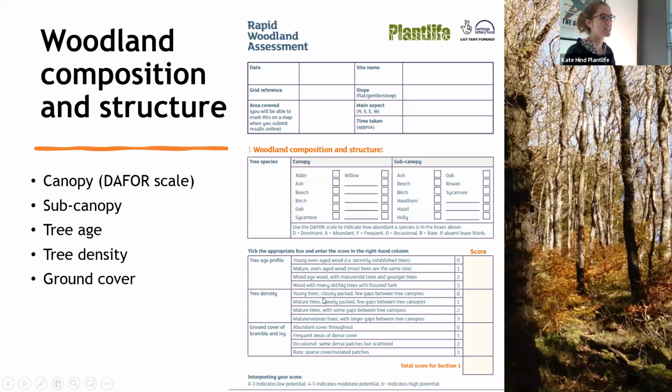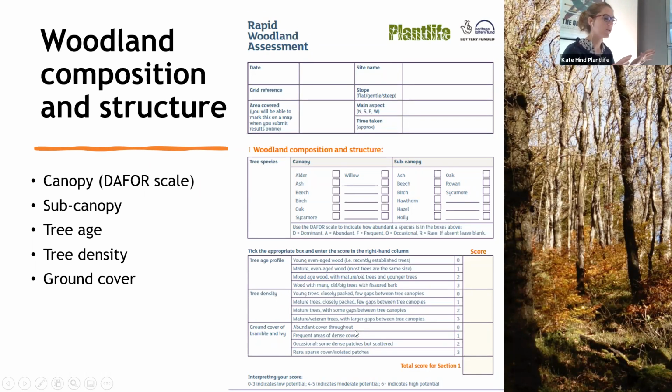The same for tree density. Are the trees closely packed together and there are few gaps between the tree canopy? Or is it a mature woodland with veteran trees, large gaps between the tree canopy? And again, that would get a high score of 3. And the same with ground cover. So is the ground cover abundant?